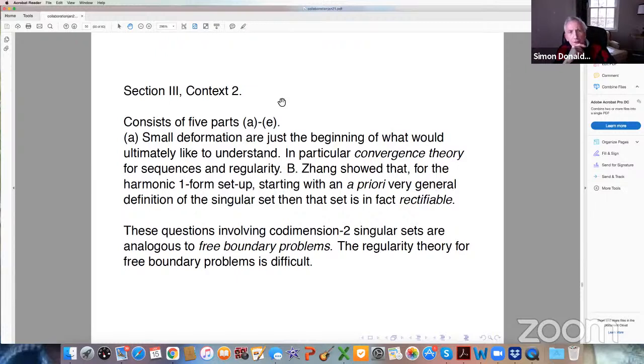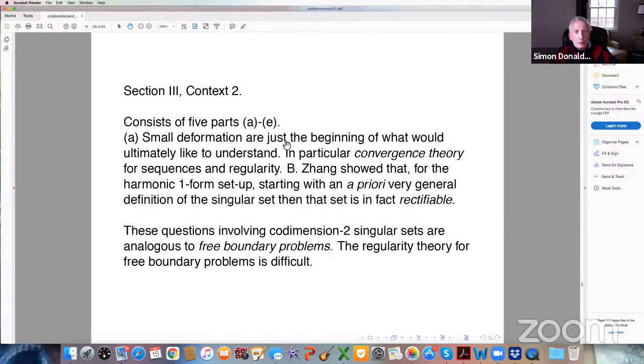We should emphasize first that studying this deformation problem is just the easiest thing of what one would really like to do. What we would really like, for example, is to understand convergence properties of these things. If we have a sequence of these branched maximal sections, these singular sets, what can we say about a limit? The same goes for the other kind of problem involving these linear equations.